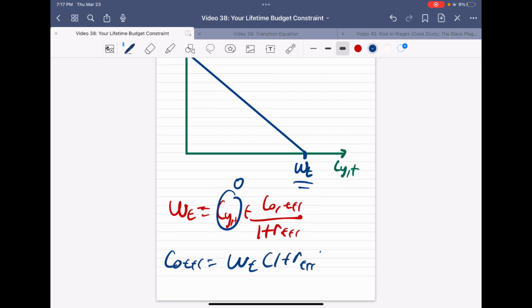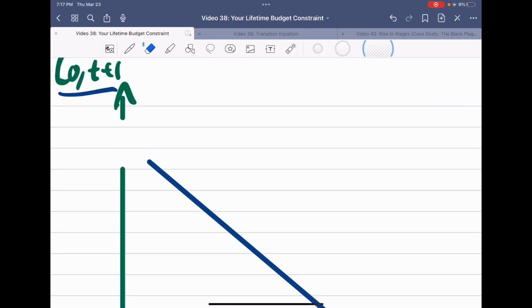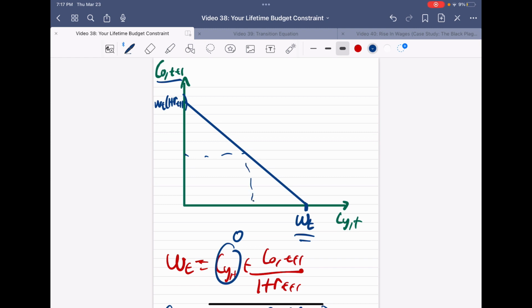So the y-intercept here is W_t (1 + r_t+1). Any point on our line is a combination of our consumption when young and consumption when old. But the most important thing about this lifetime budget constraint is for you to understand the simple trade-off: if you consume more when you're young, you consume less when you're old.